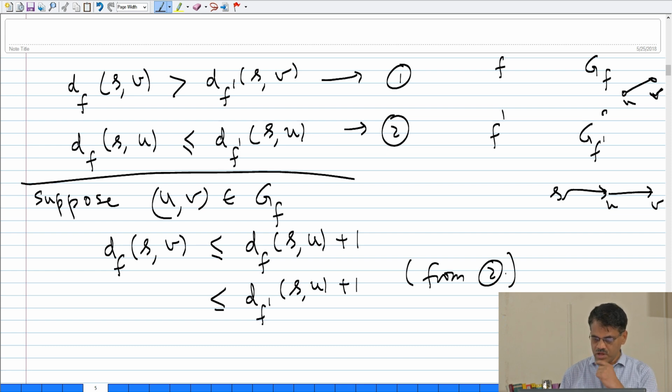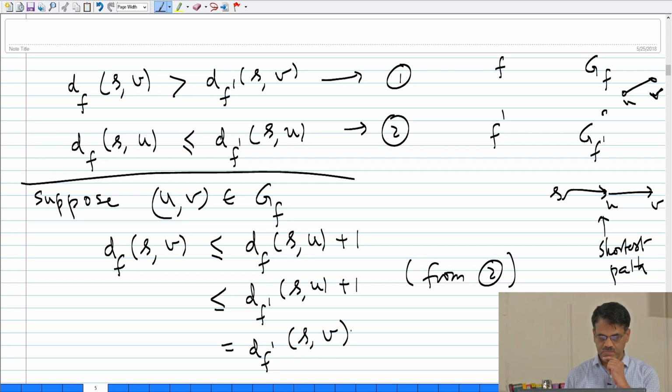Okay. But in 2, this is the shortest path. We assumed in F prime this is the shortest path. So, df prime SU plus 1 is exactly equal to df prime SV, right.